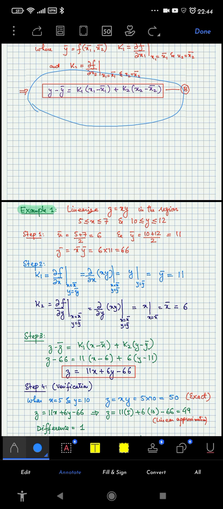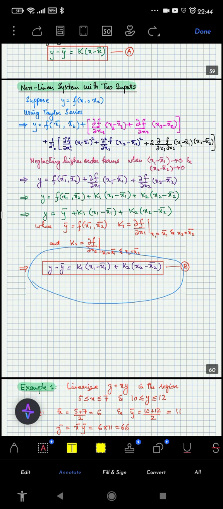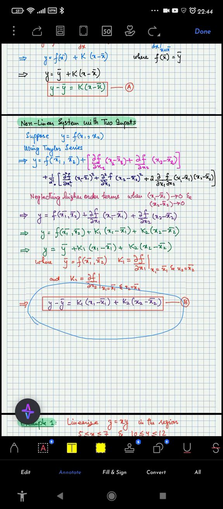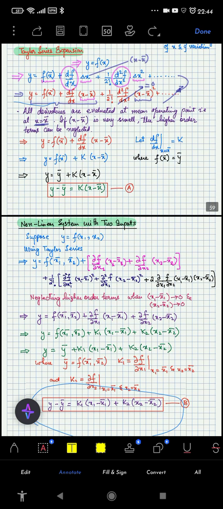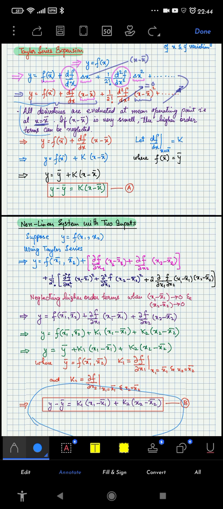To get z bar, we just employ these 6 and 11 in every place. As we said, all derivatives are evaluated at the mean operating point, that is, at x equals x bar.